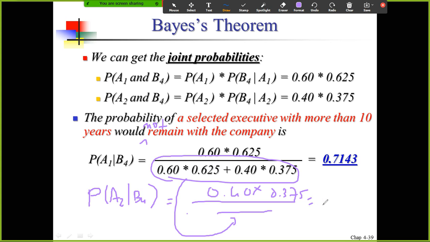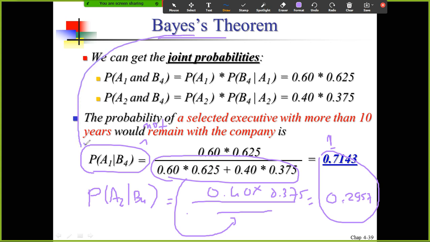What is it? It should be 0.29, let's say 0.7 and 0.5, because when we add them together they must equal 1. So when you know the probability that a selected executive with more than 10 years would remain and you want to find not remain, you can just use the complement rule or addition.